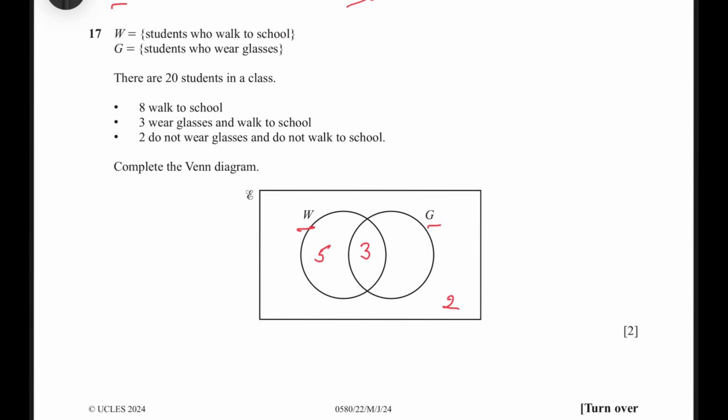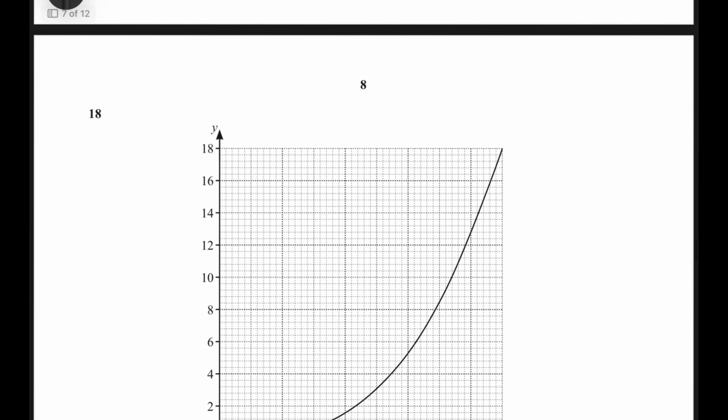Now to complete this, you add all of them: 5 plus 3 is 8, plus 2 is 10. And how many are there? 20. So 20 minus 10 will give you 10. So over here 10 will be the ones who wear only glasses. So this is completed.